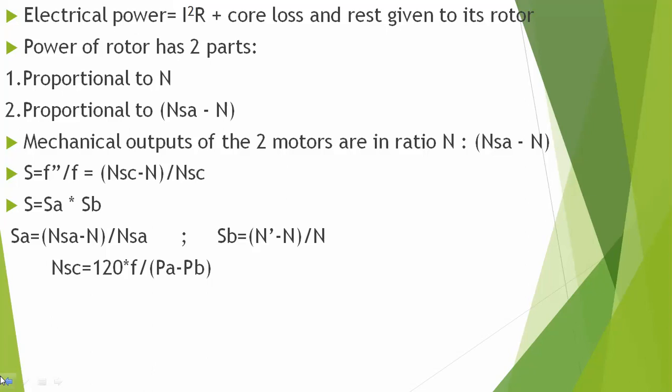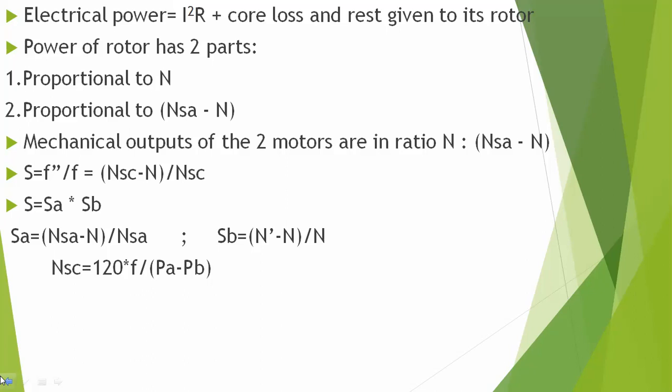Next, this is passed to the auxiliary motor B. What does motor B use it for? Motor B uses this for producing mechanical power and losses.